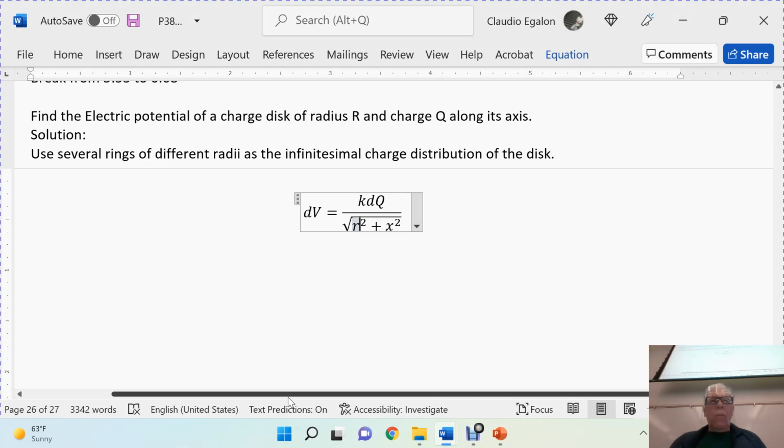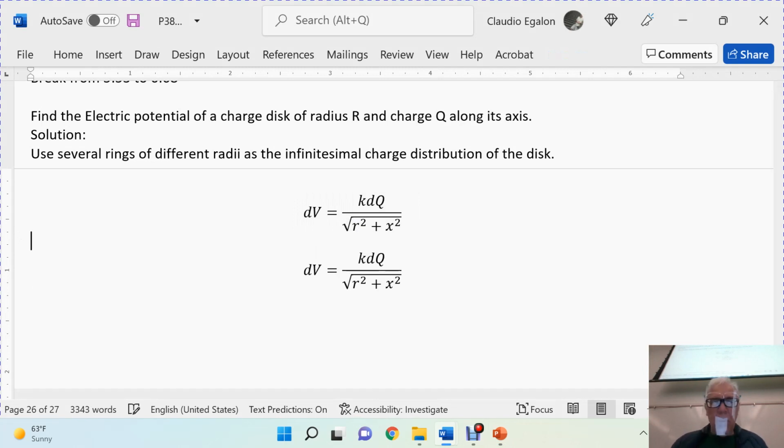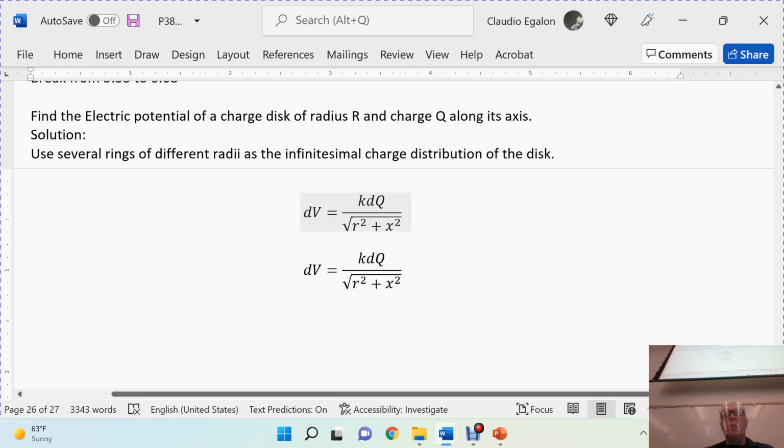And now if we want to find out the result, we have to integrate. Note, if you're not sure whether you got the right result or not, just go ahead and do a dimensional analysis of this problem. The electric potential is supposed to be a K times electric charge divided by a distance, right?